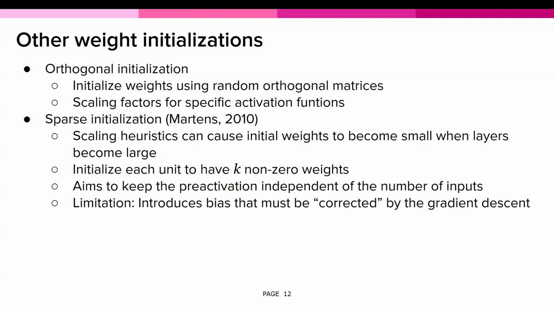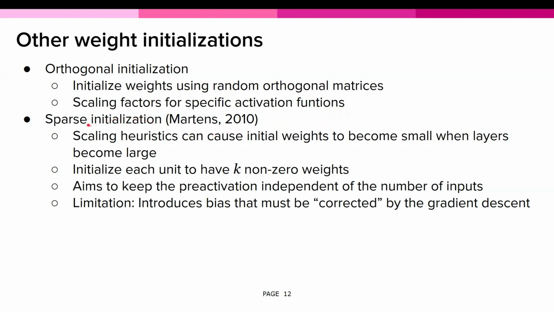This approach is based on viewing a deep network as a series of matrix multiplications, where each chosen gain factor ensures that the activations and the gradients maintain a stable norm as they propagate through the network. The idea is that by setting the gain correctly for different activation functions, you could train networks that are very, very deep, sometimes as much as 1,000 layers.